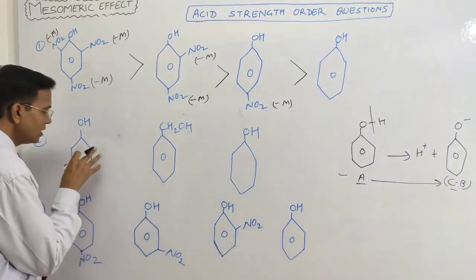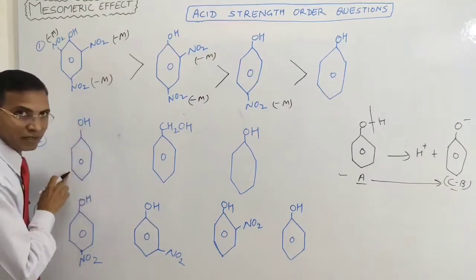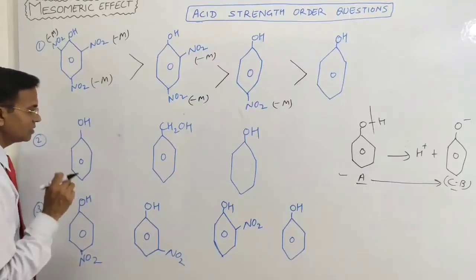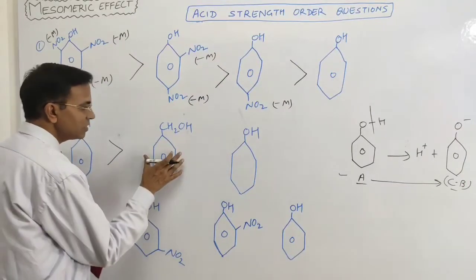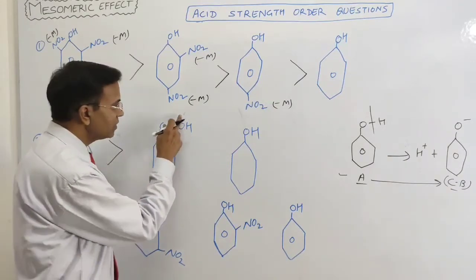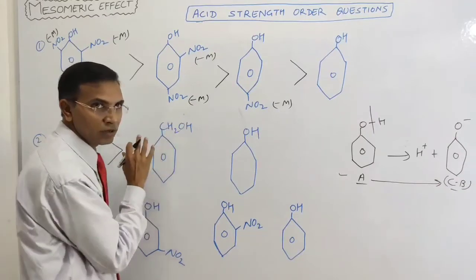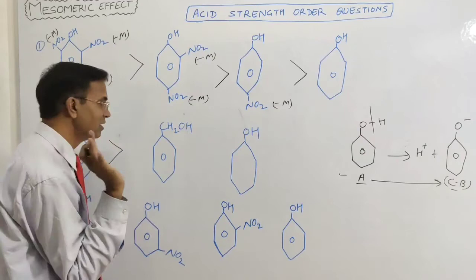Here the conjugate base is more stable because resonance is there with the benzene. So it is the strongest acid among all these three. Now this one is aliphatic. Conjugation is not there with the oxygen lone pair of electrons, which means resonance is not there. It is not resonance stabilized.